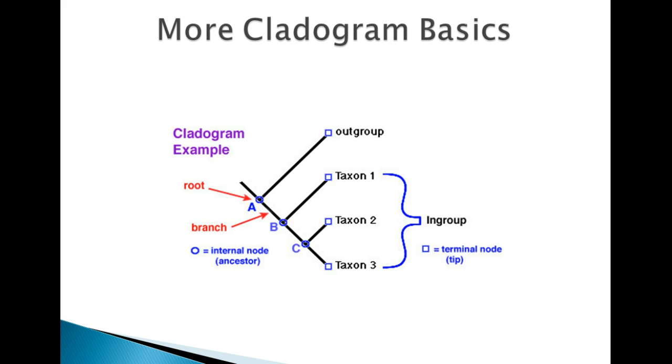So let me get the draw tool here. Here's the dangling branch right here. So the root is normally drawn with some kind of a dangling branch. This indicates that this clade is also a part of a more inclusive clade of living organisms originating from even earlier ancestral populations.